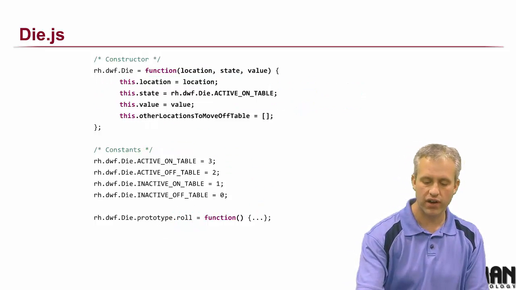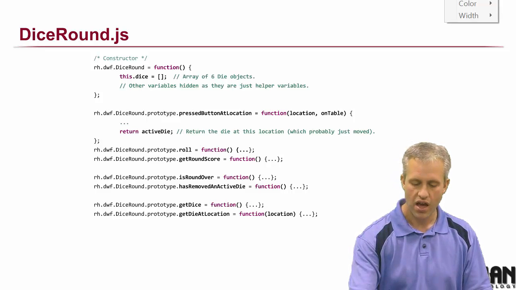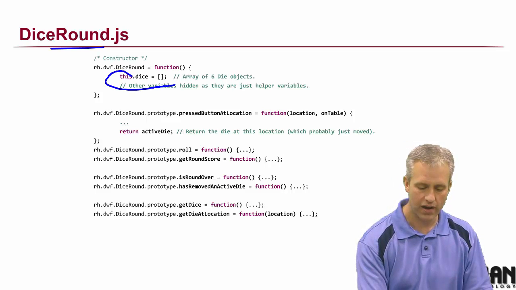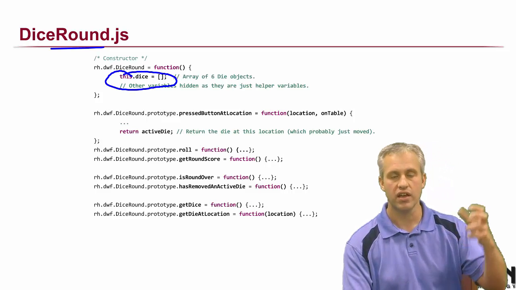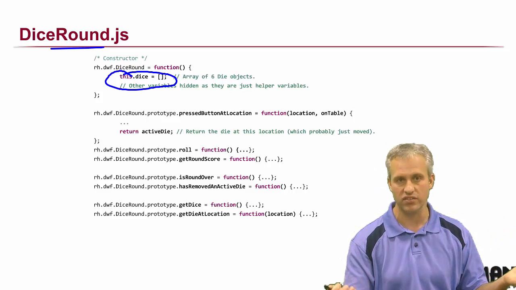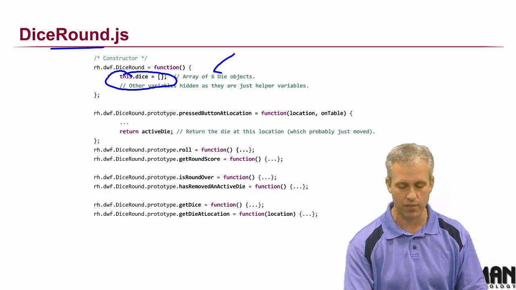Let's quickly glance at the next model class just so you can see the breakdown of these things. This next model class is for the round. The most important thing is it's an array of individual dice, all 6 of the dice that are used in the game.